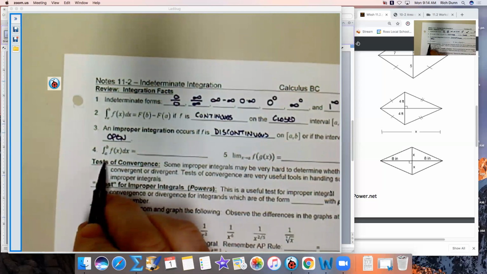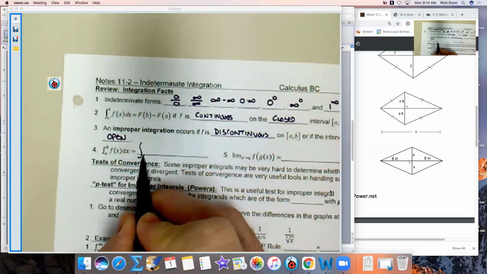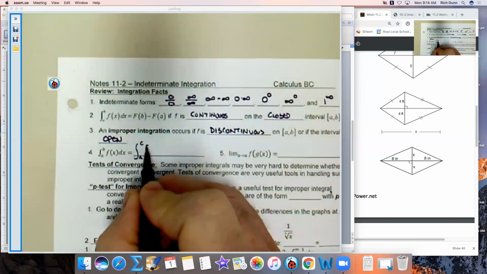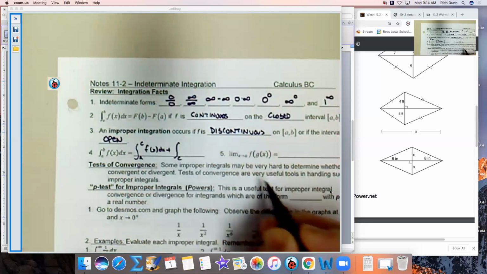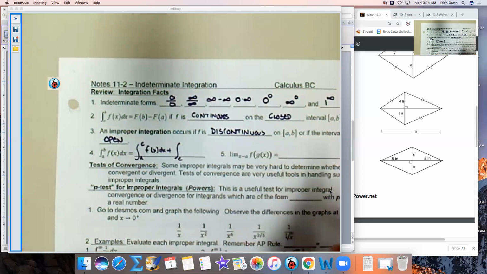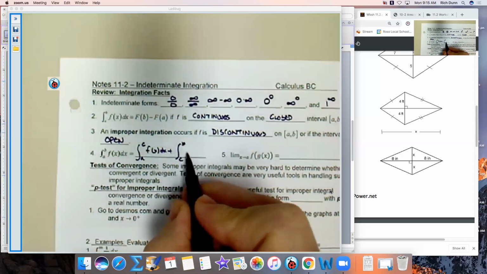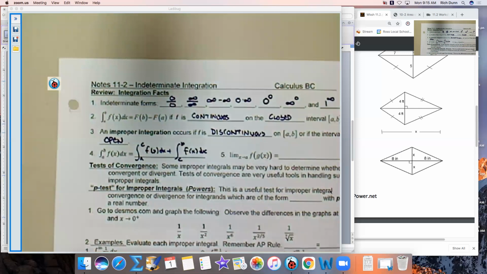Next, we know if we integrate from a to b, we can split this integration up and integrate from a to some value c between a and b, and then add the integral from that same value c to the upper bound b of f of x with respect to x.